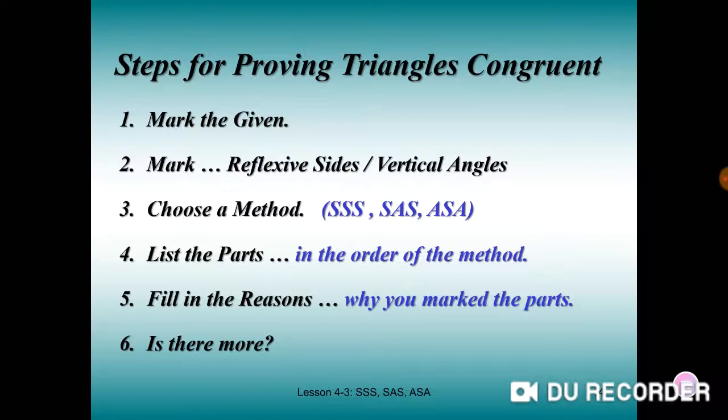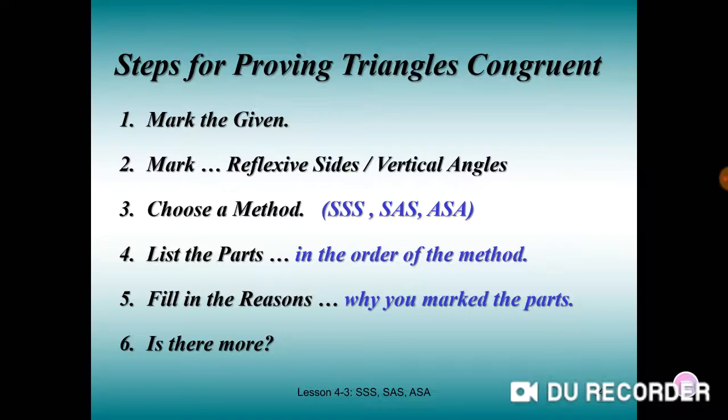Okay? The first step is mark the given. You need to read the given information if it is written in English, and have a very careful look at the figure, and you need to notice the given information on the figure.